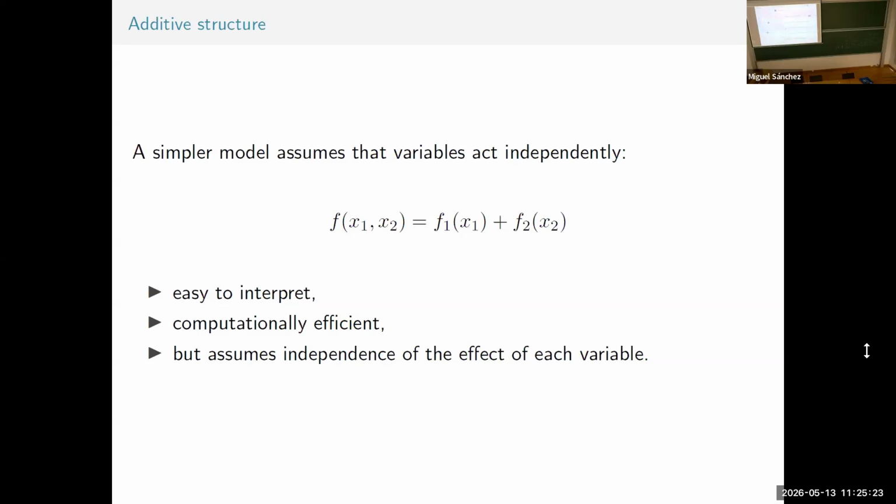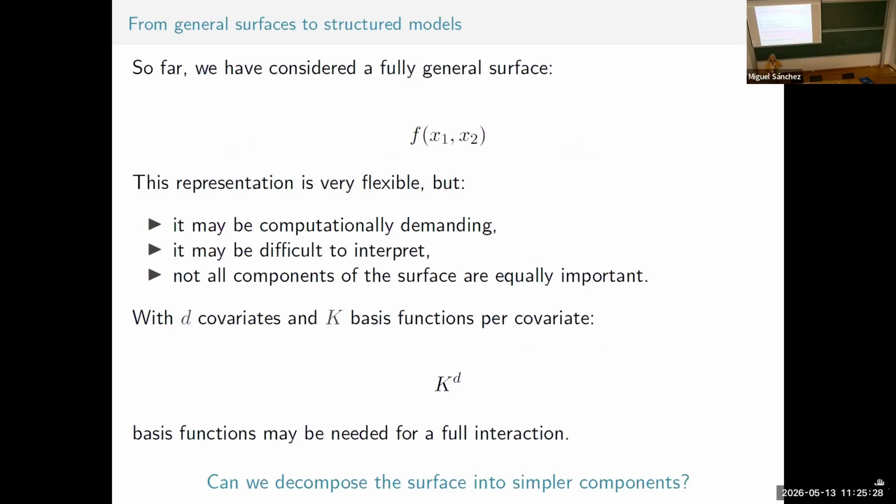If you have a d-dimensional problem and you have k knots per dimension, you have k to the power of d coefficients. This is complicated. Also, in many situations, there is no way you can explain to anyone what a d-dimensional function is. In my setting, it's not only important to estimate the function, but to explain what is going on.